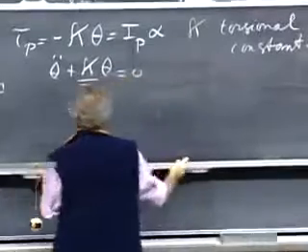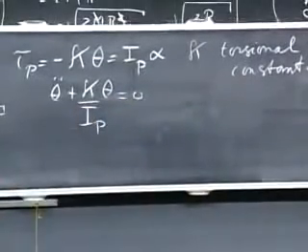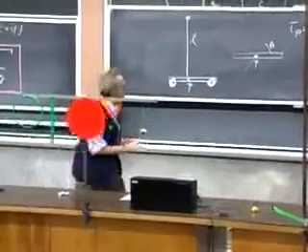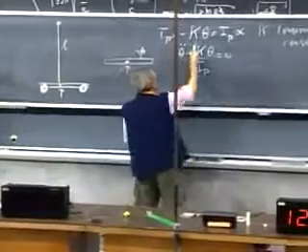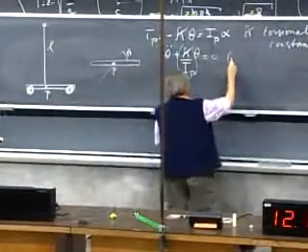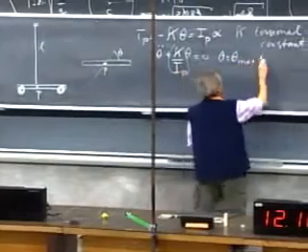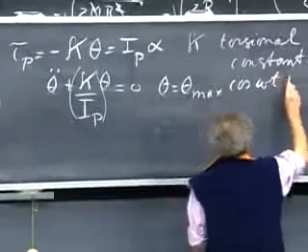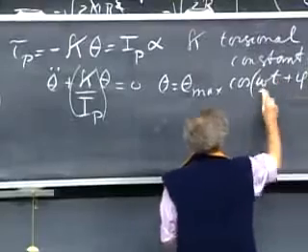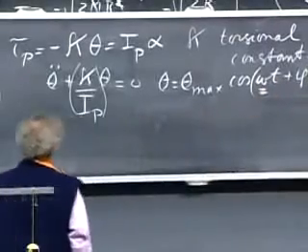So we have a differential equation. It's clear that you're going to see a simple harmonic oscillation. This is a constant. And so you're going to get theta equals theta maximum times the cosine of omega t plus phi. It's getting boring.